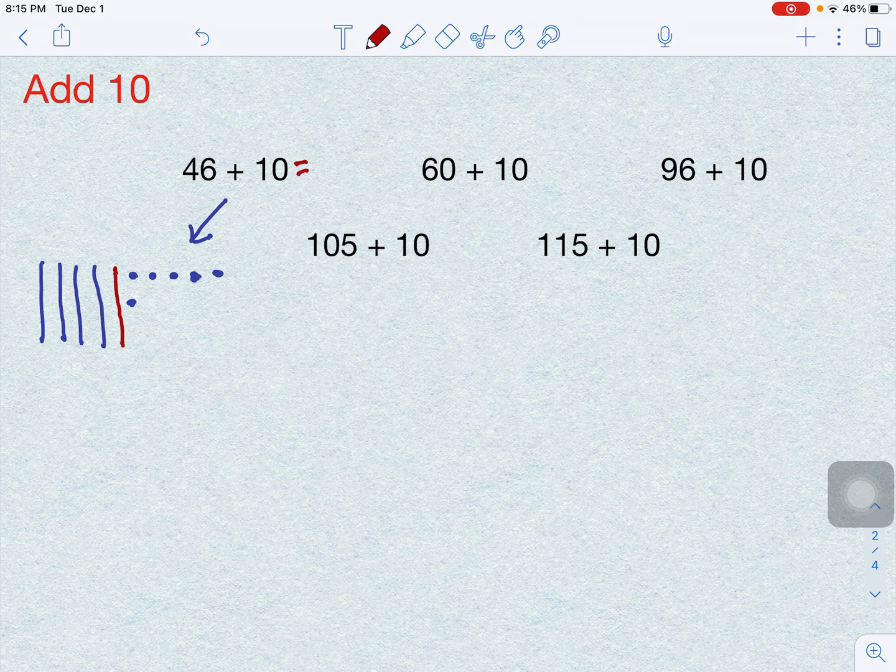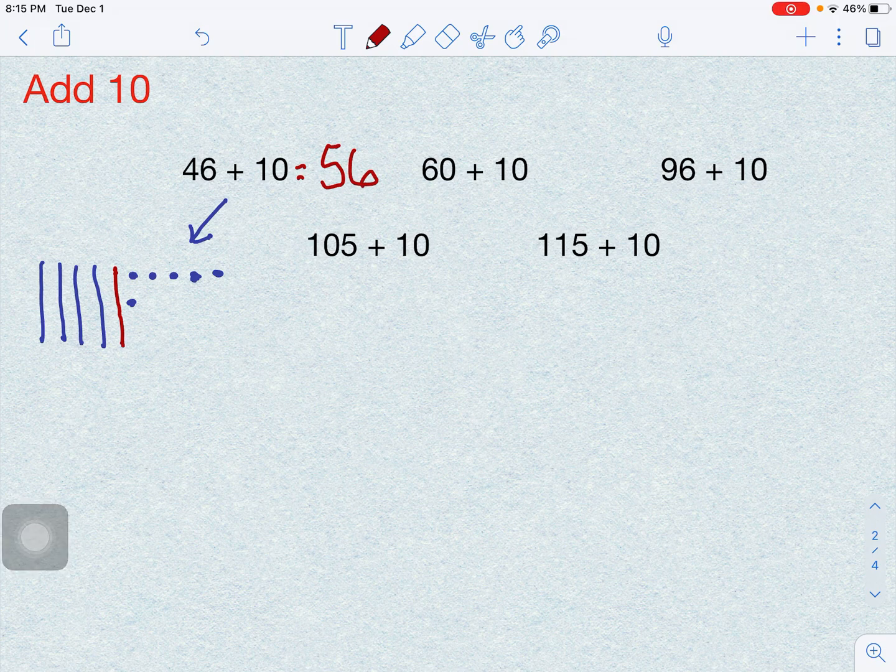Oh my goodness, Mrs. Hagedorn, you were too lost there for a second. Looking over here, I have the 40 plus the new 10, and I still have my 6 ones, so it should be 56.